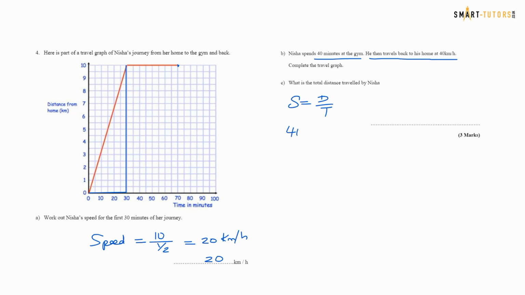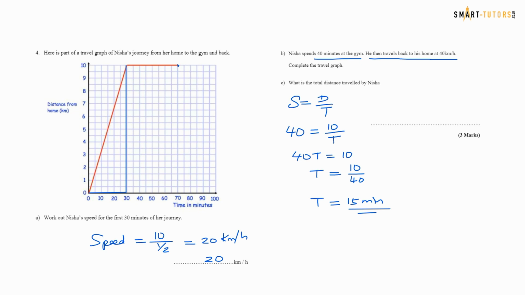Speed is given 40, distance is 10, and the time is t. So cross multiply, 40t equals 10. So t equals 10 upon 40. So that is quarter. So quarter means 15 minutes. So 15 minutes he takes to go back to his house.